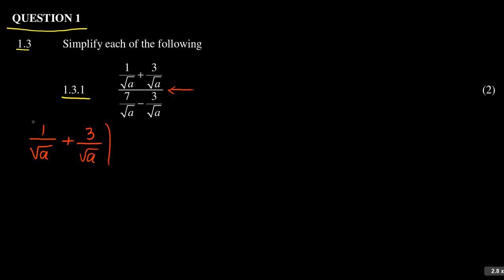You put that in brackets, and then you say divided by, which is this particular division that I'm telling you about. You also put brackets: 7 over square root of a minus 3 over square root of a. So this is the approach, and the key is this particular division.